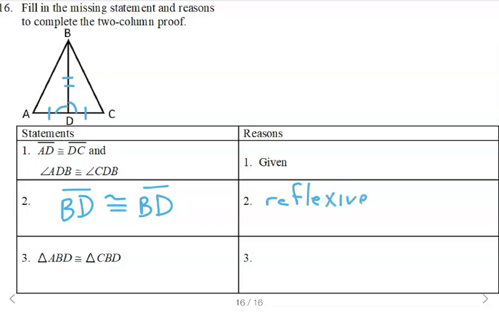Reflexive property. And then we have enough for side angle side. Triangle ABD is congruent to triangle CBD by side angle side.